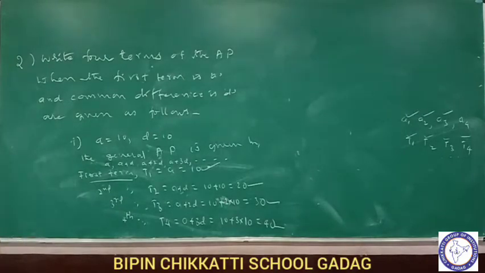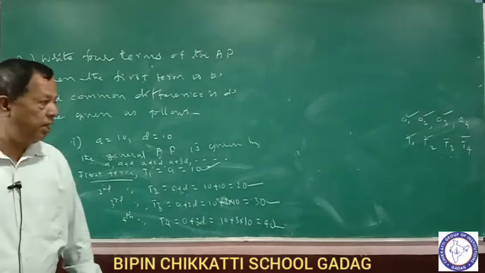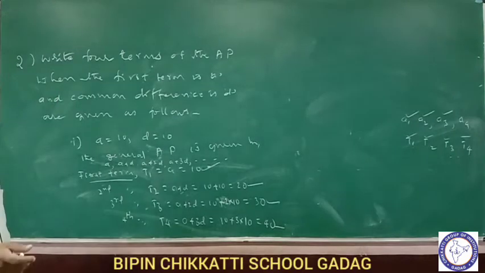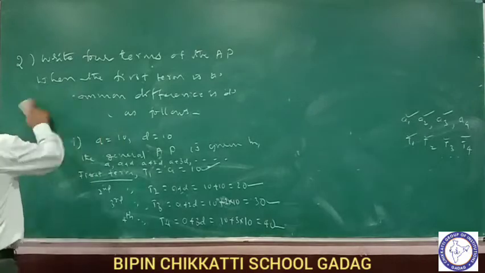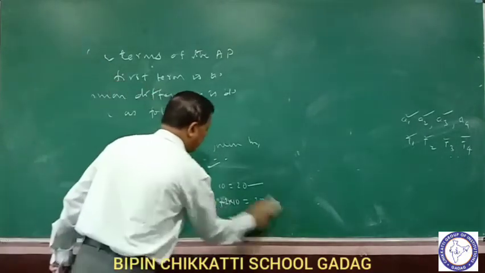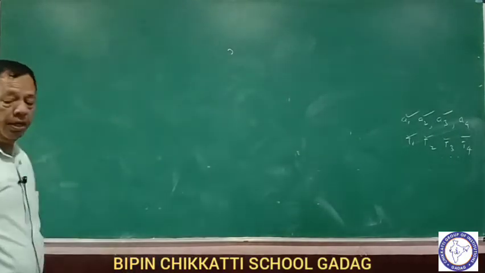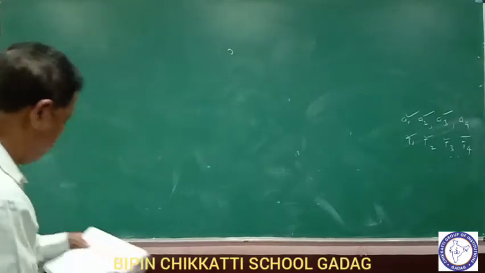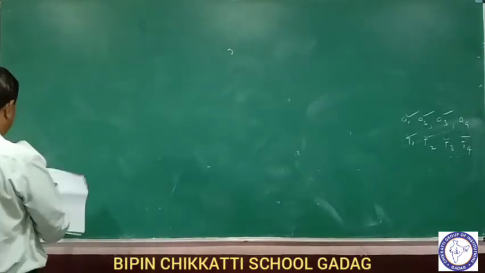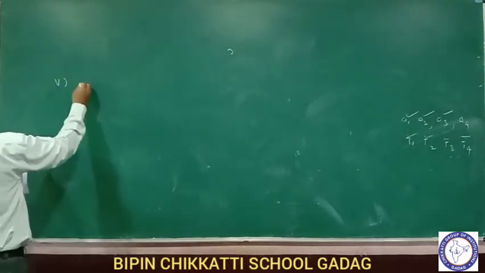One more problem I am giving you, and similarly you can do the others. When you understand the second problem and see the situation, what value of A and what value of D, you can work out all the problems according to your convenience. I don't want to take directly the last one, the 5th one.